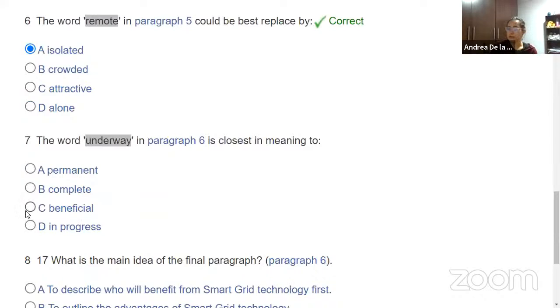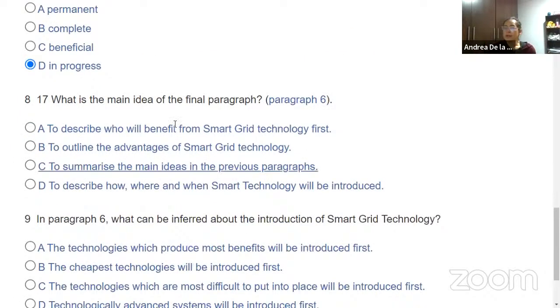It's not related to beneficial. It's not complete. Permanent is not related. So yes, it had to be option D, in progress. Hold on. Now question A says, what is the main idea of the final paragraph 6? What do you guys think? I'll give you a couple of seconds, tell me what you think.